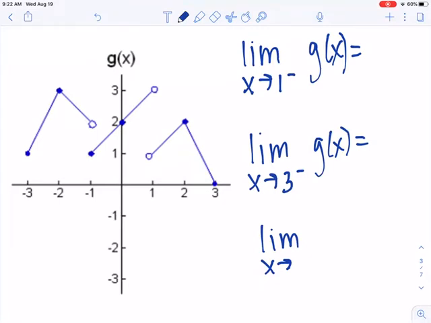And the limit as x approaches -3 from the right of g of x. Turn and talk to a neighbor about these 3 limits and what you think they should be.